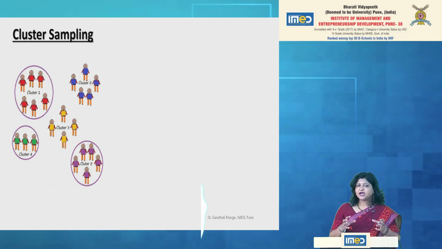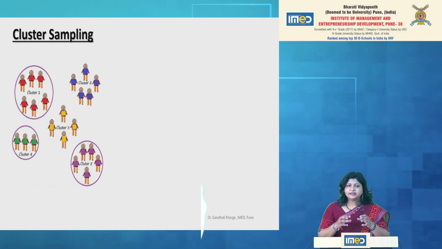So we have to divide this population into 4 different clusters: Pune, Bangalore, Hyderabad and Gurgaon. We collect proportion-wise data from each and every cluster. Suppose Bangalore is the biggest IT industry in India, so the biggest proportion will be from there.